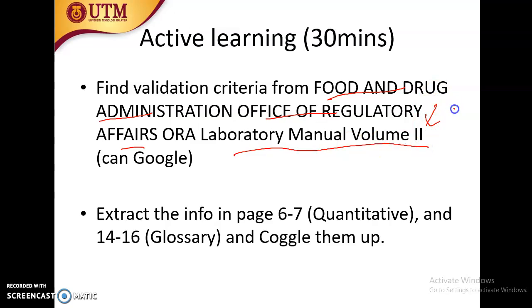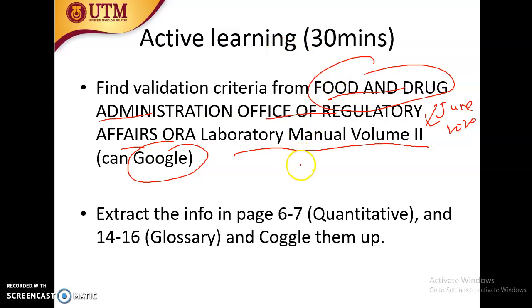I checked, it is already updated until June 2020. So you will be referring to this FDA document a lot if you are doing food analysis or any pharmaceutical analysis related to forensic purposes. I'm not going to share the PDF because I want you to Google this name and download it.